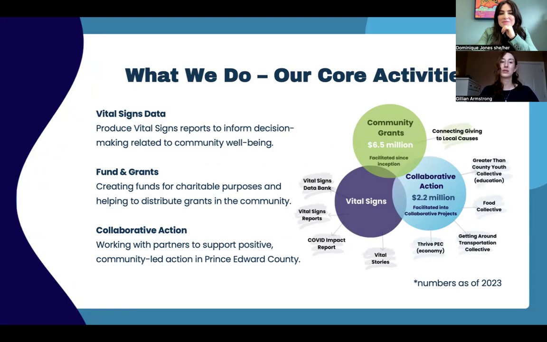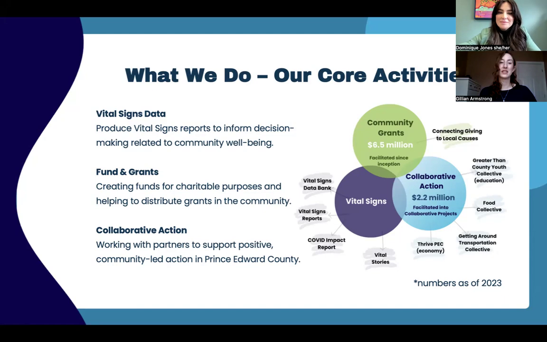And so we produce vital signs reports to inform decision making related to community well-being. So anyone who's familiar with vital signs, it's a free data bank. And then we produce also different reports on that data just to kind of collect that information to distill it down into actionable steps. Then there is our funds and our grants.